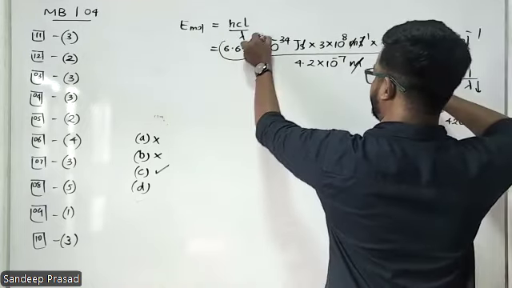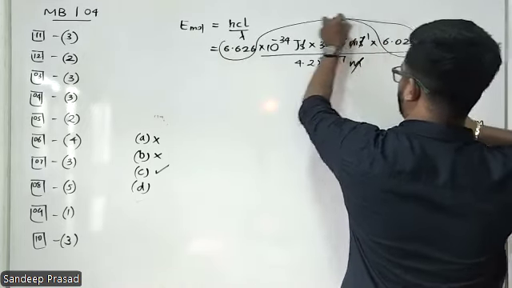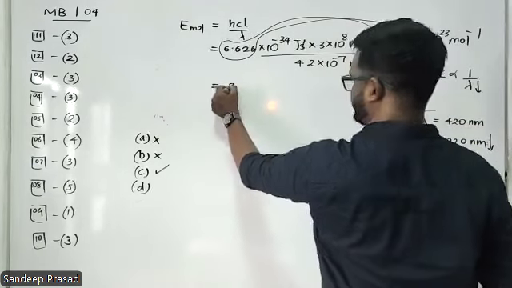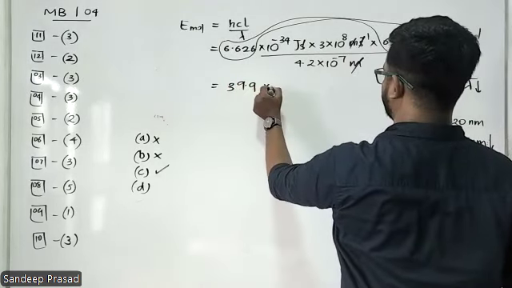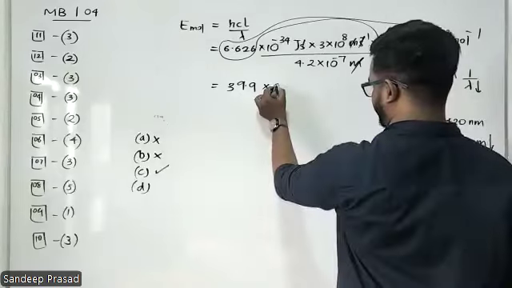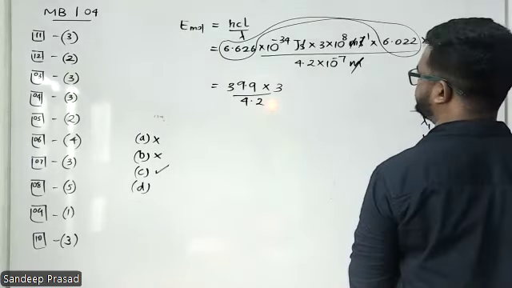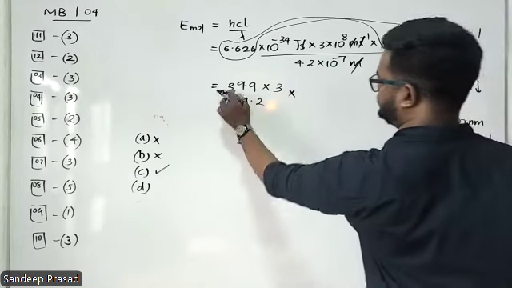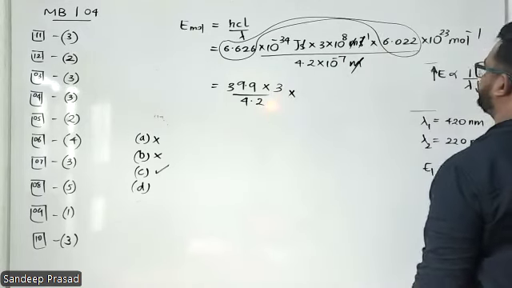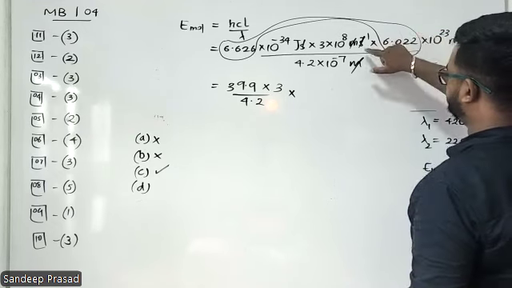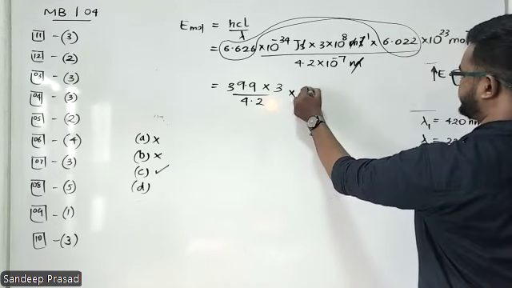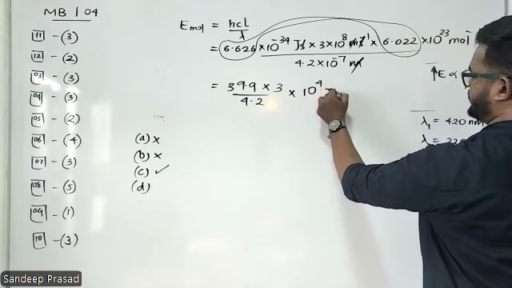I told you that 6.626 times 6.022 is equal to 39.9. Then the answer is about 2.85 × 10^5 joules per mole.